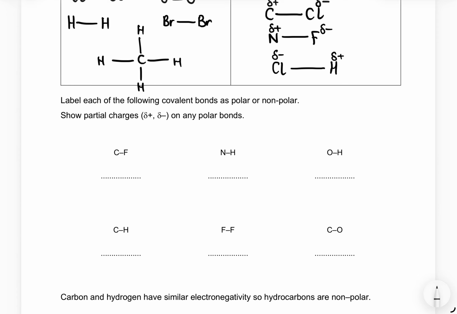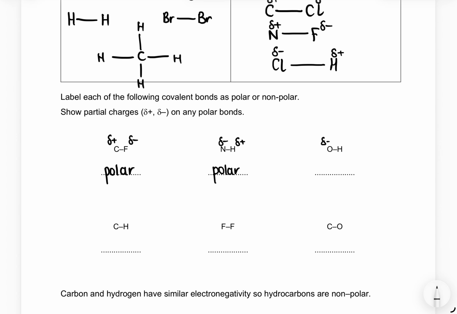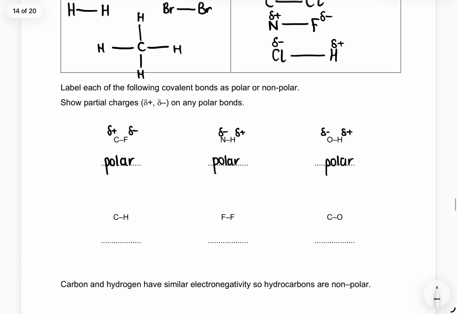So C and F, different atoms, different electronegativity. F is the most electronegative, therefore C is delta plus, and we would say that bond is polar. Nitrogen is more electronegative than hydrogen, so we would put the delta minus on nitrogen and that bond is polar. Oxygen is more electronegative than hydrogen. That bond is polar. Nitrogen, oxygen and fluorine are the three most electronegative elements.